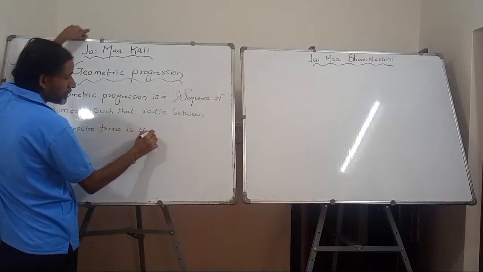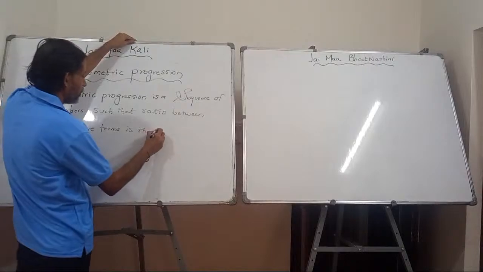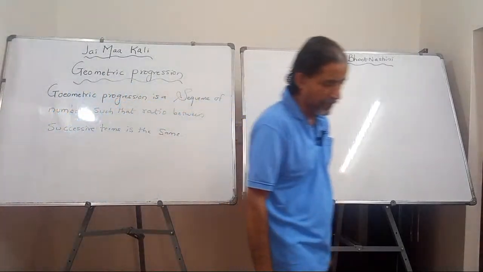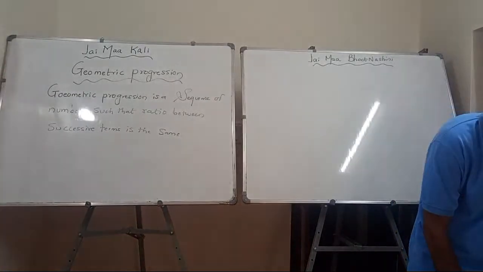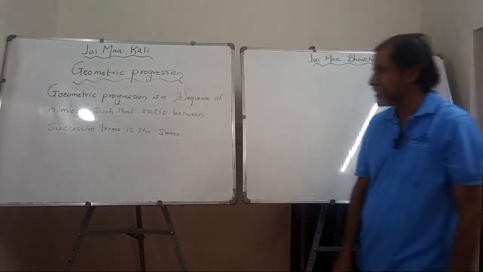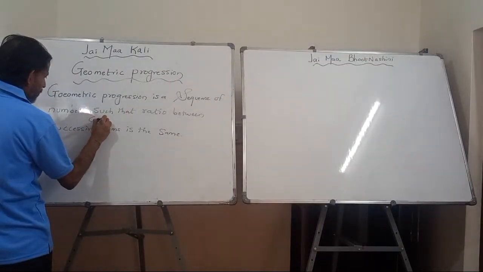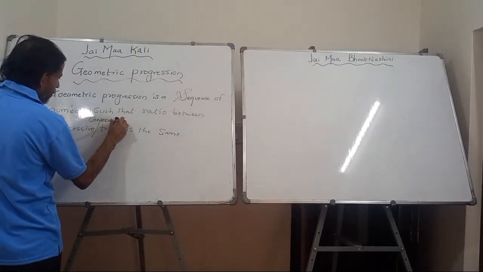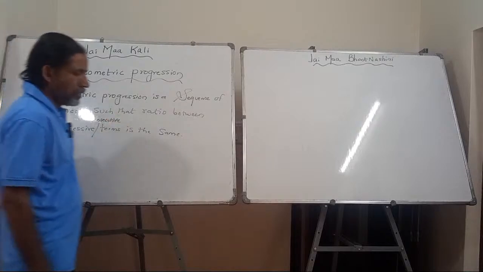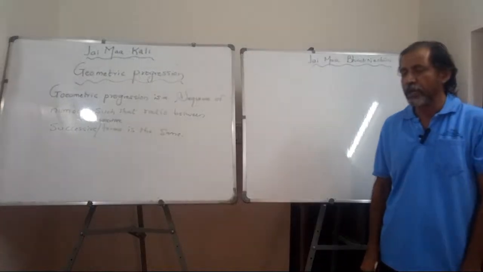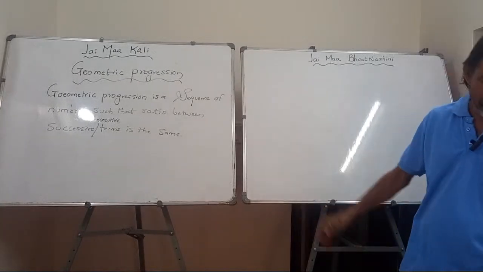So basically, in an AP the difference was the same, here the ratio is the same. Understood? All right. Successive, consecutive, you can write anything, okay? When in doubt, always follow the definition from the textbook. I don't think they are going to ask you, but you understood this, right?